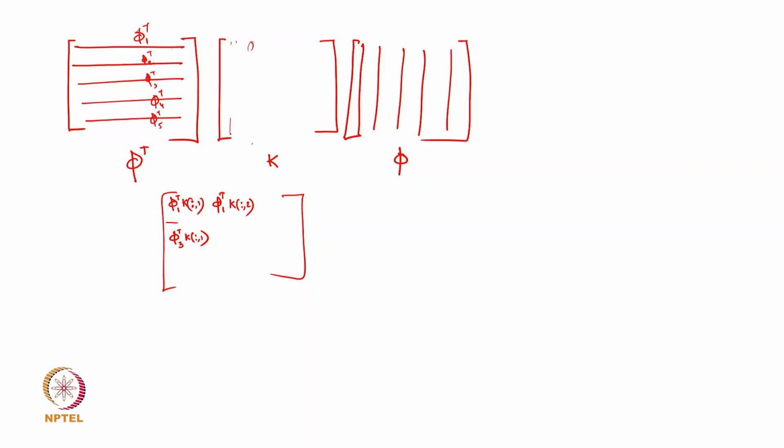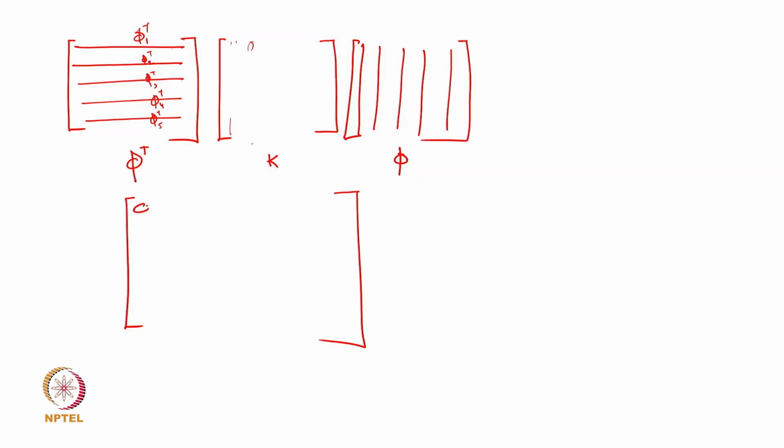No, you want to zoom it? Okay. Phi 1 transpose K colon comma 1 means full row first column.